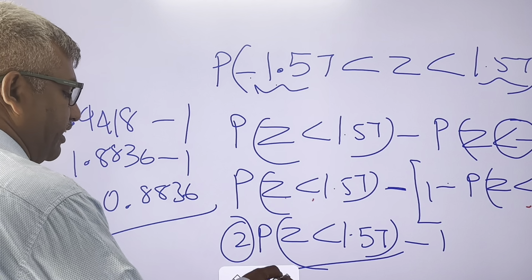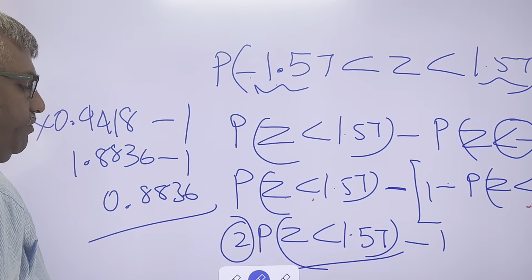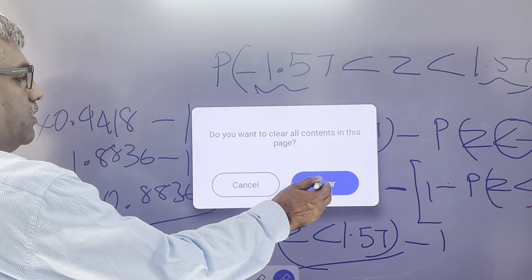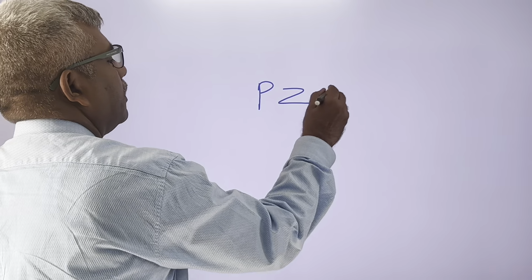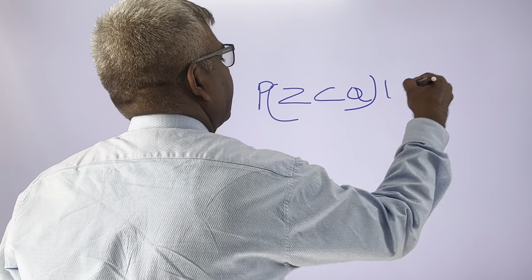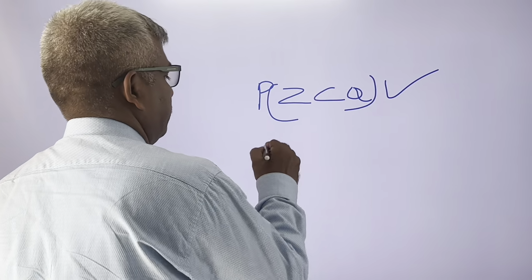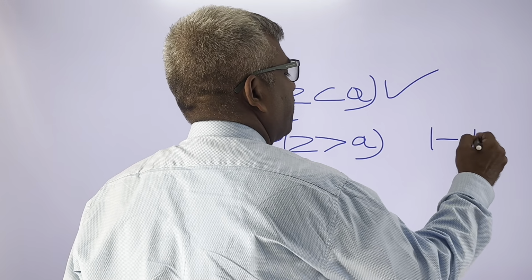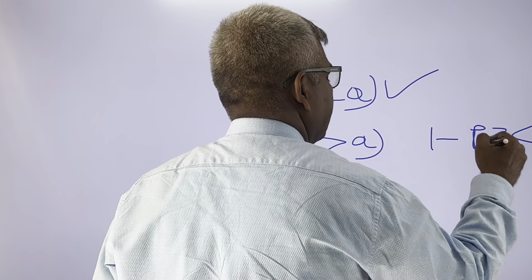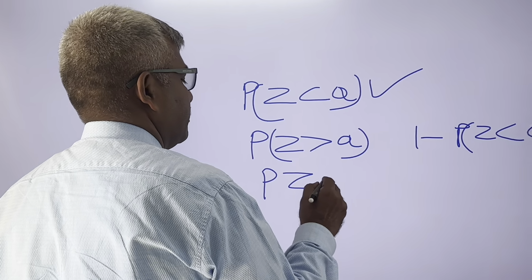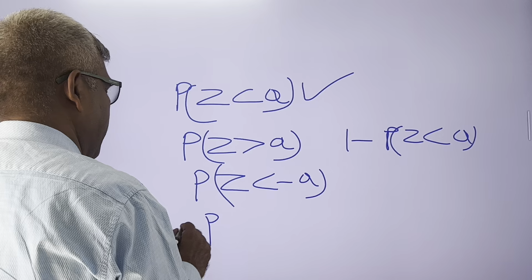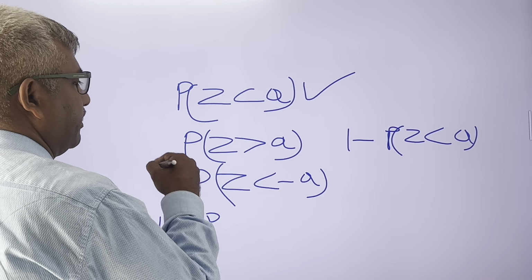Okay, in short, I can summarize. Copy down. You can directly take it from the table. If it is Z is greater than a, put 1 minus Z is less than a. If Z is less than minus a, just put 1 minus, it will become greater than, the same case.